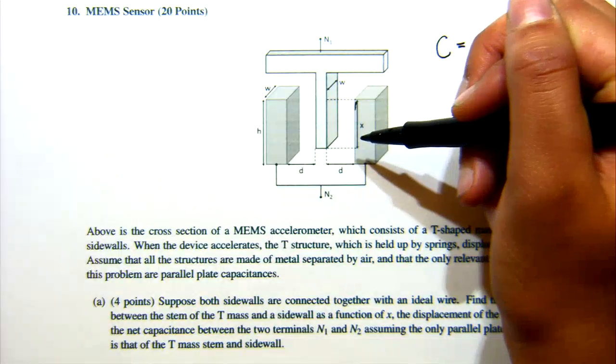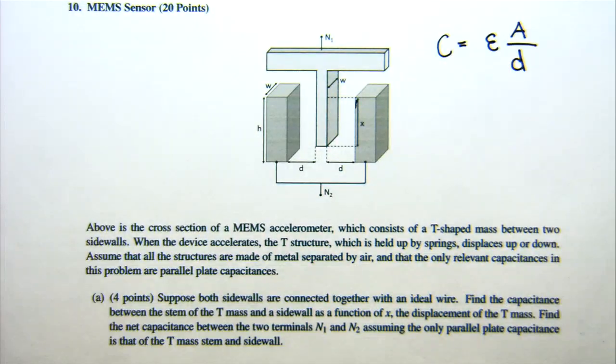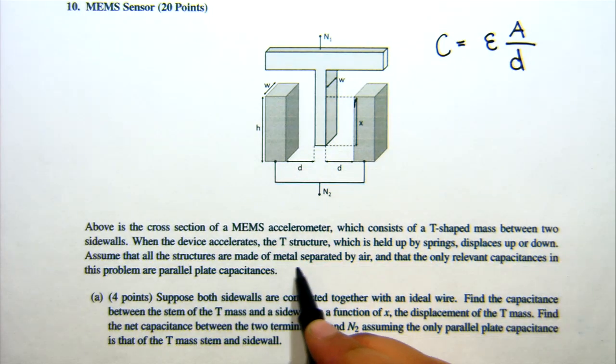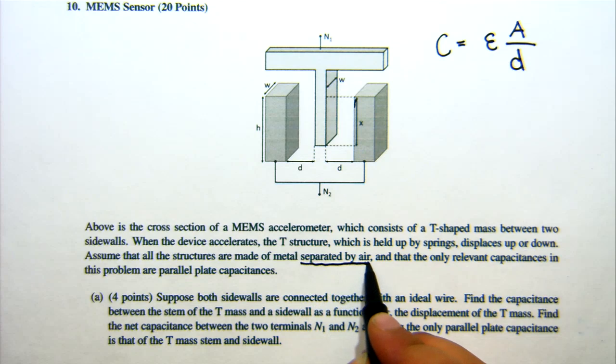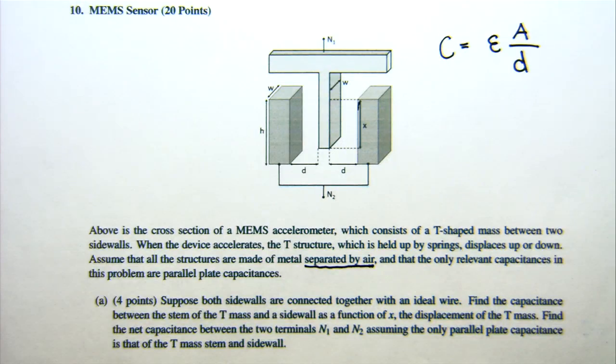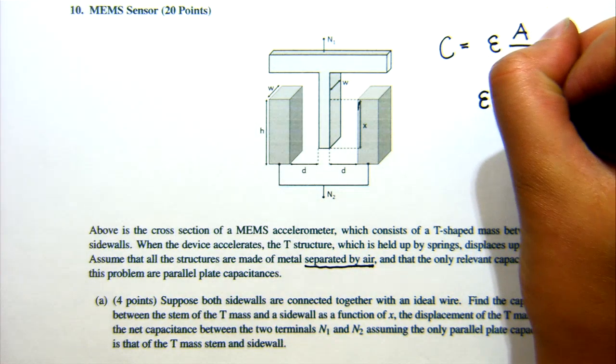Let's start by going through this. We read up above and see that all structures are made of metals separated by air. That means for our epsilon, the permittivity, we can just use the permittivity of free space, which we know is written as epsilon naught.